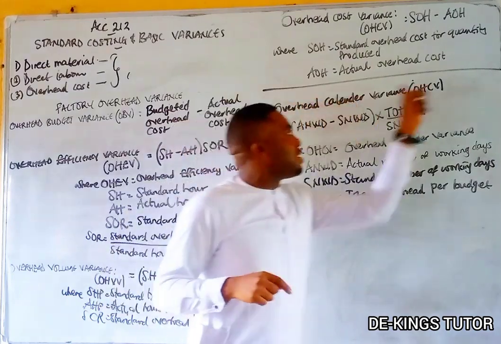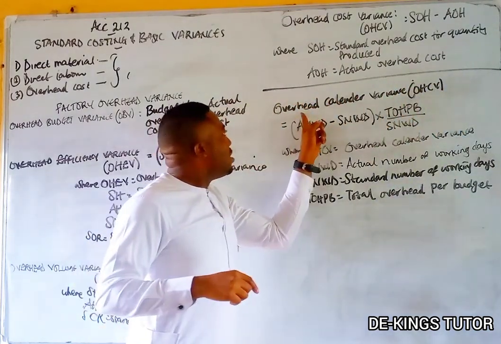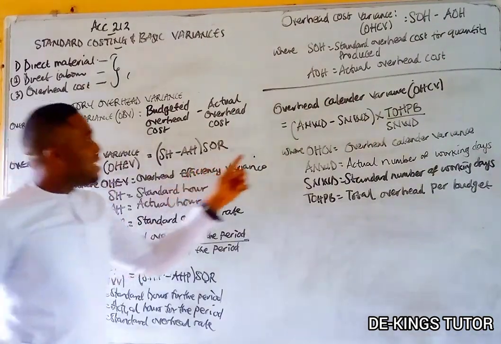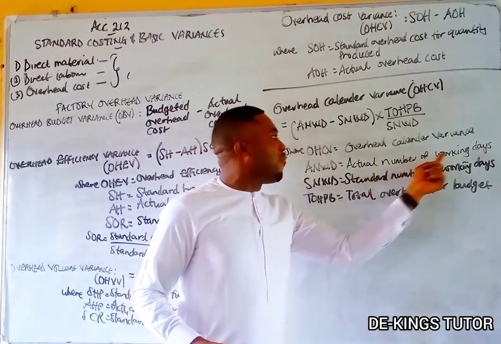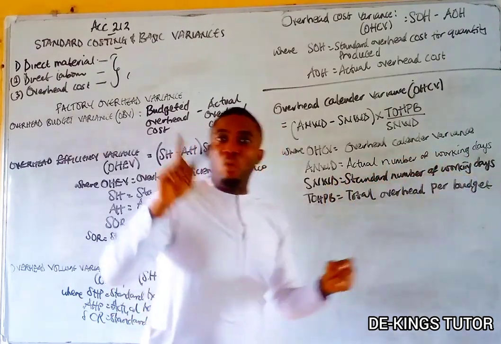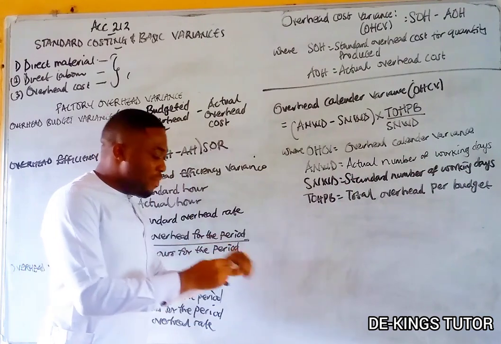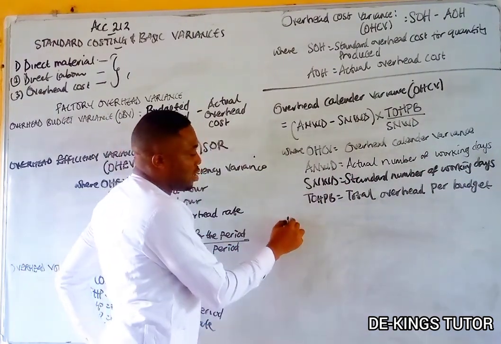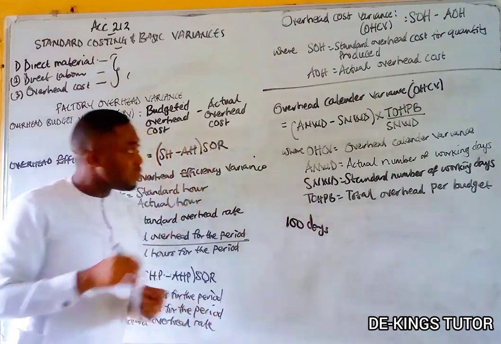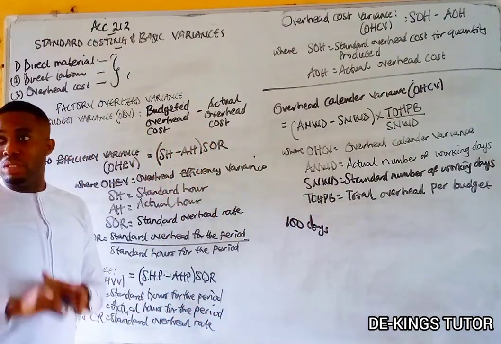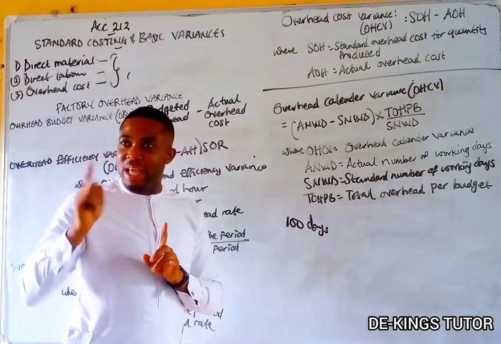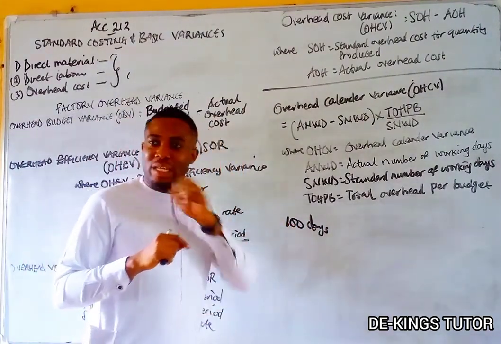Now, the reason I draw this line, now look up. Overhead calendar variance. Now, we said it is the difference between the actual number of working days and the standard number of working days. What it means is that they might have a standard working days of 100 days. That's a standard, 100 days. But while they are working, they might not get up to this 100 days.